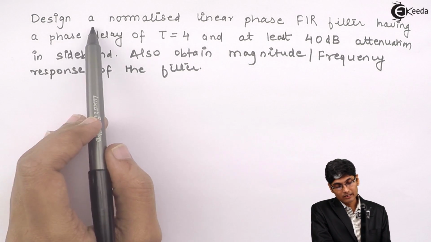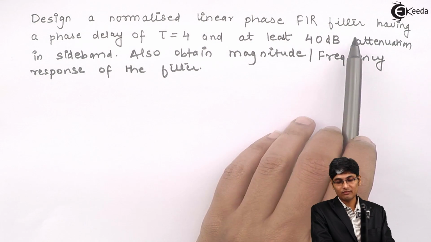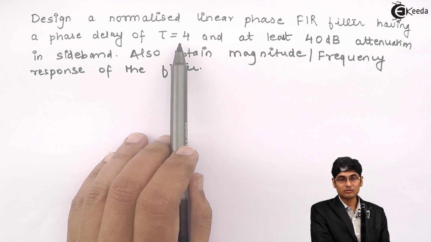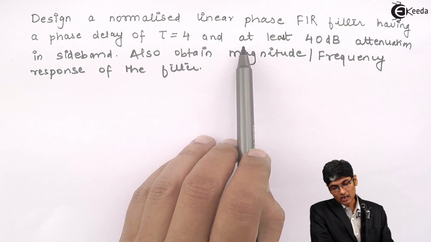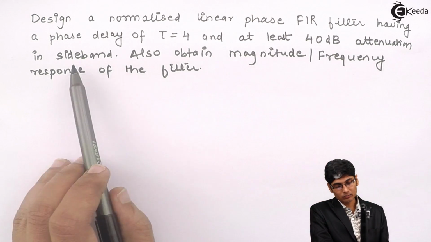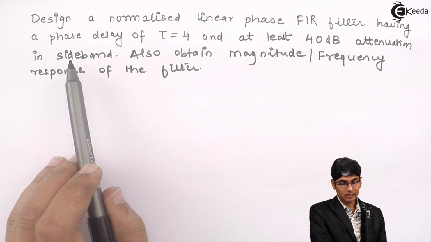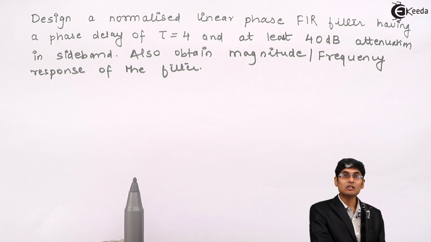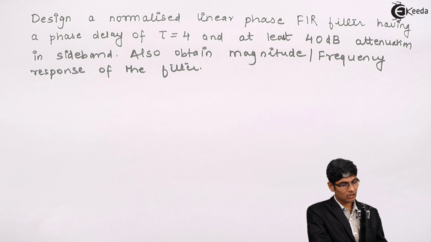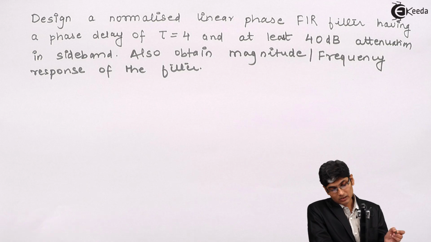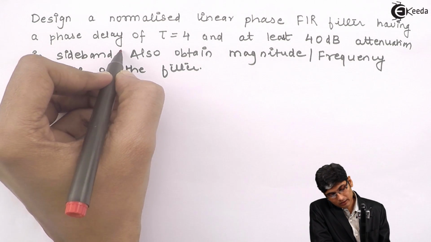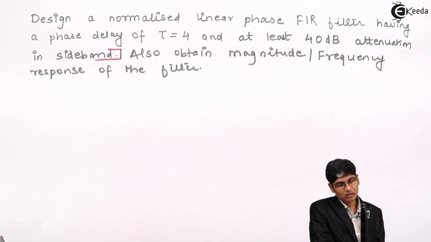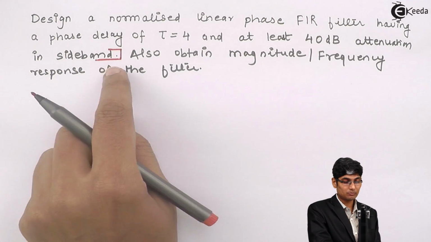It says: design a normalized linear phase FIR filter having a phase delay of tau equal to 4 and at least 40 dB attenuation in the sideband, also obtain the magnitude and frequency response of the filter. Now we will analyze the problem till this part, because it's a design problem till this part.